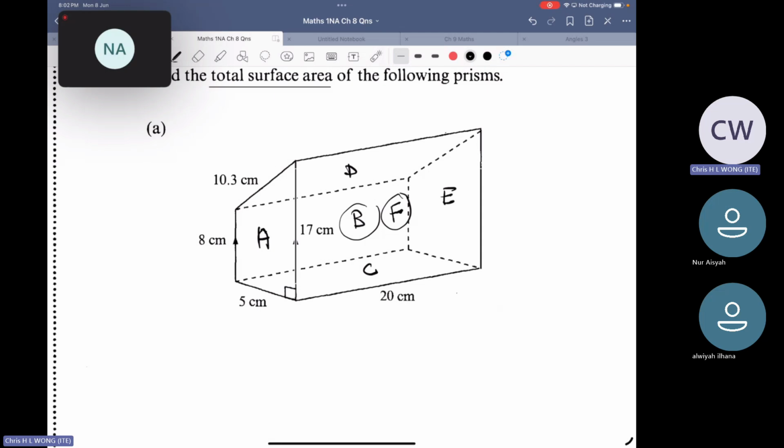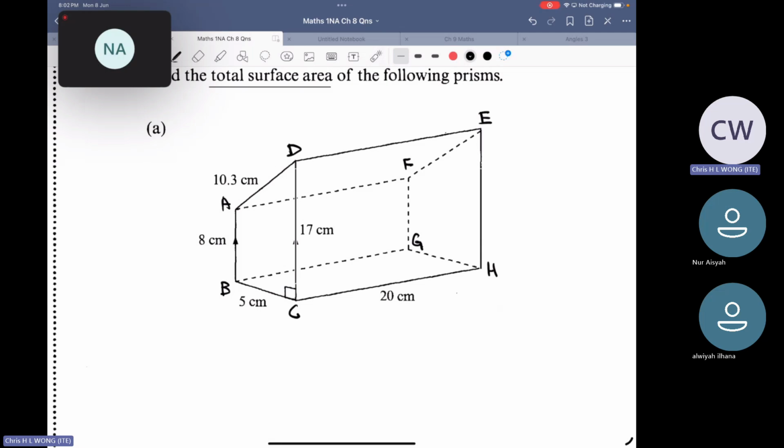So when you have a situation like that, it is better that you name it by every apex: A, B, C, D, E, F, G, H. Not bad, right? Can you see how to do it? When you name it A, B, C, D, I actually move around the figure.